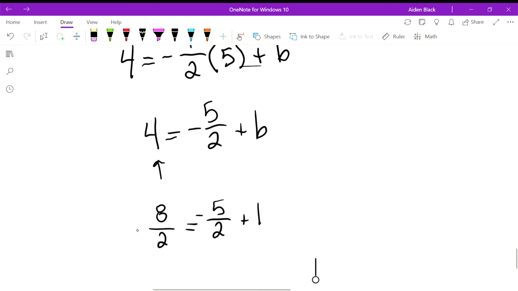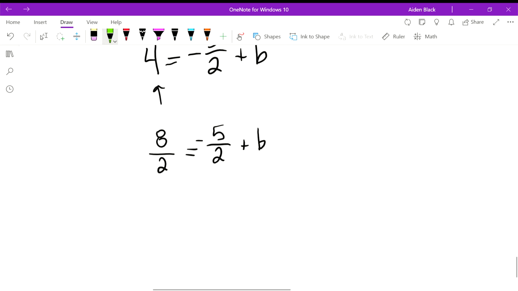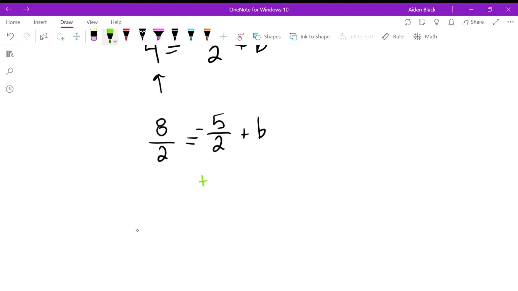Right, we need to add 5/2. So plus 5/2, plus 5/2. This gives us 5 plus 8 is 13 halves is equal to b. So this is that value we needed for b.